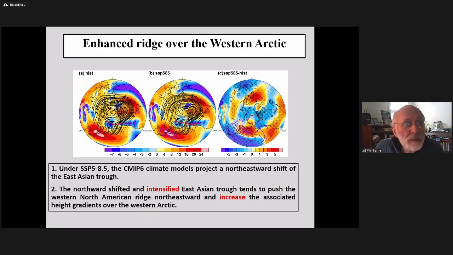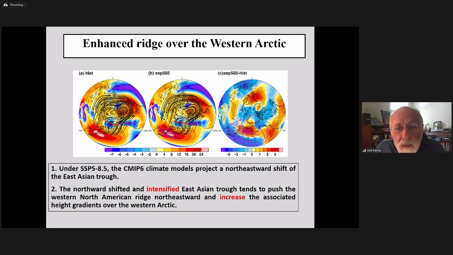And now, getting near the end of the presentation, the enhanced ridge over the Western Arctic. Under scenario 8.5, the CMIP6 climate models give a northeast shift of the East Asian trough, and you can see that in the dipole in the plots for historical data, 8.5, and the difference, showing you the shift in the East Asian trough over the subtropical Pacific.